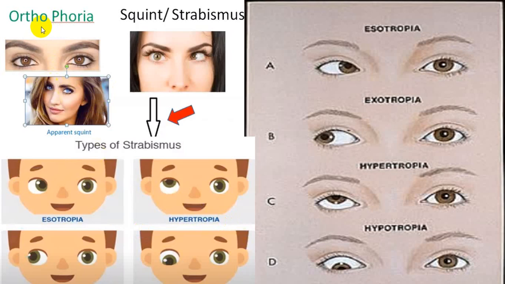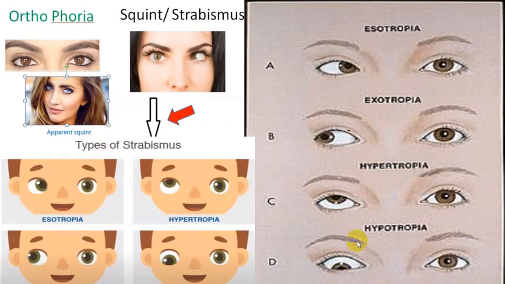So you can have orthophoria, squint, strabismus. Here you can see there is an inward deviation, or adduction, or nasal, so this is esotropia. This is exotropia. This eyeball is having elevation, so hypertropia.